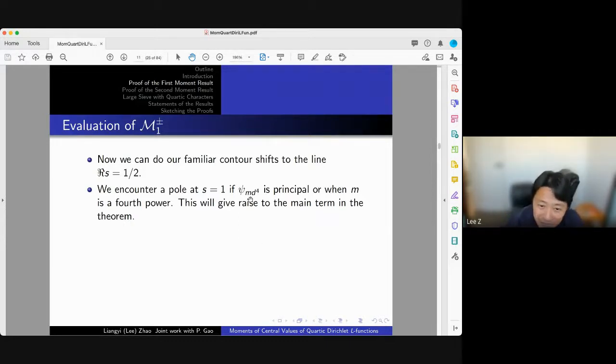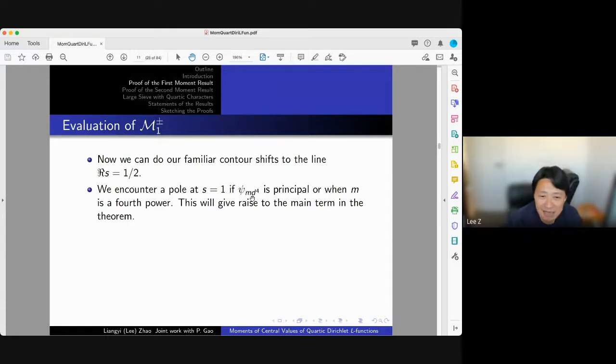The character to which the L function is attached is psi d m to the fourth. So is that principal? Well, if it's principal, then we do have a pole, and we'll need to compute residues. And if it's not principal, then it won't have a pole. We don't need to worry about residues.